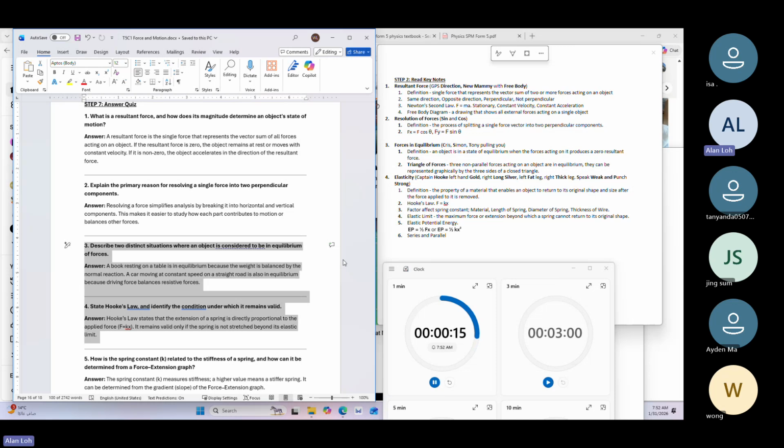Question number 3 is drawer number 3, obviously. Question number 4 is drawer number 4, elasticity, with the captain hook.